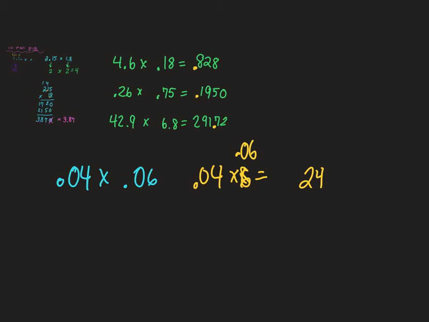All right, so I need to do some counting. 1, 2, 3, 4. But then if you look over here, I don't have 4 digits. So what I'm going to have to do is put some 0 placeholders so that I now have 1, 2, 3, 4, 4 digits behind the decimal.